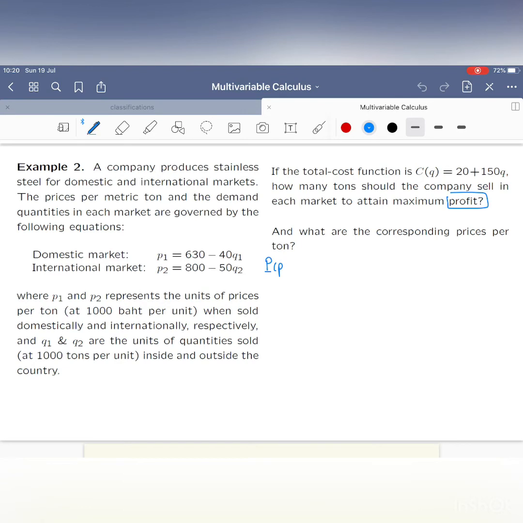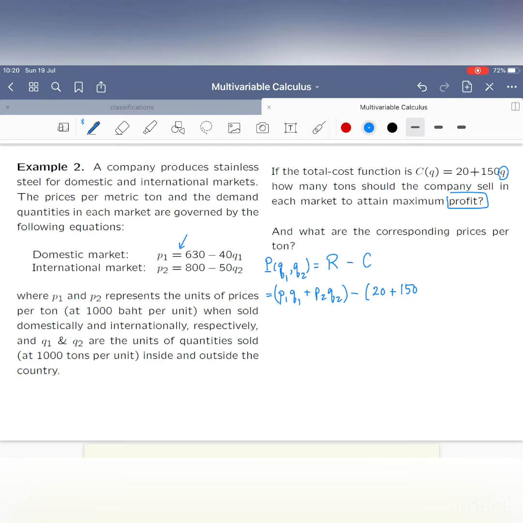So the profit right now should depend on your first quantity and the second quantity in each of the markets, and it depends on the revenue minus the cost, okay, and the revenue is the money that you can obtain from all the selling, right? So it is your P1 and the Q1 and your P2 and the Q2, and then minus the cost, which is 20 and 150 Q, but this Q is the total cost.